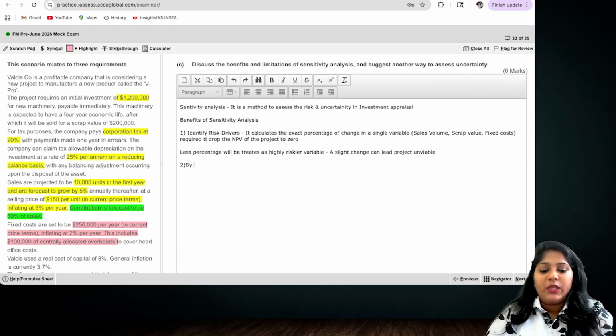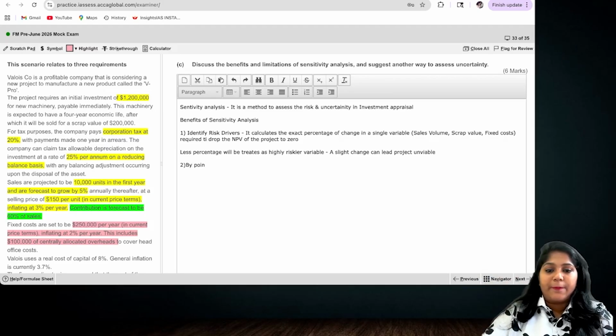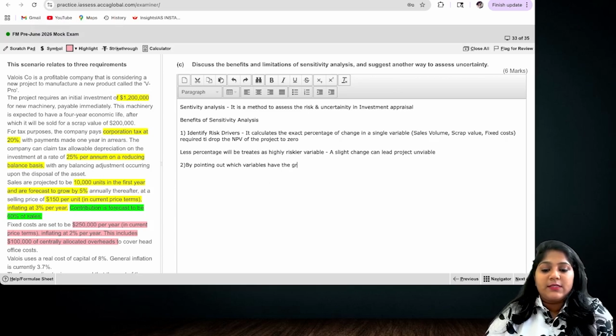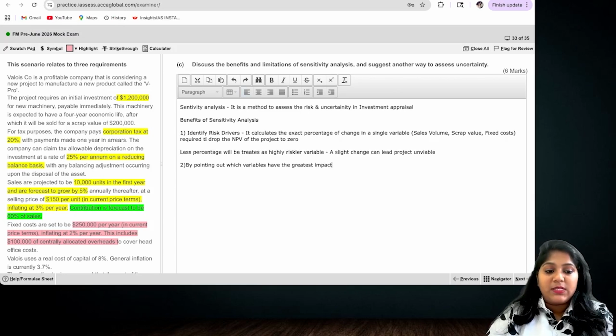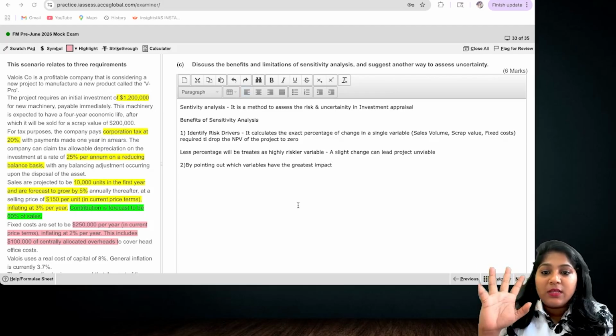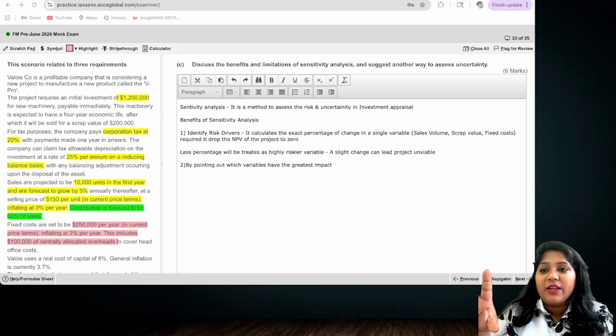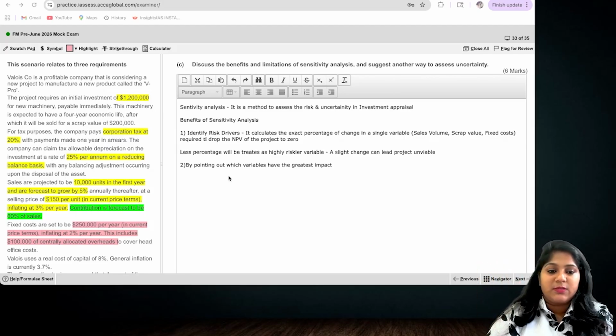By pointing out which variables have the greatest impact on viability, for example, management knows exactly where to direct their monitoring efforts.